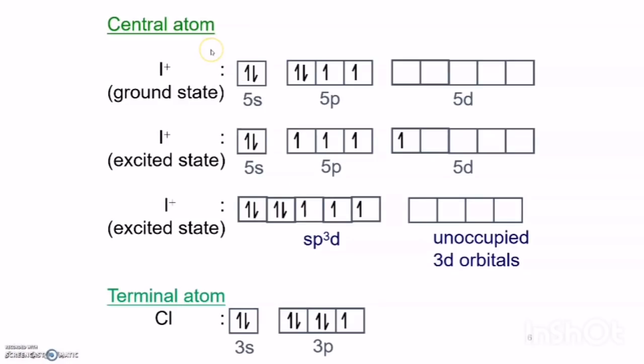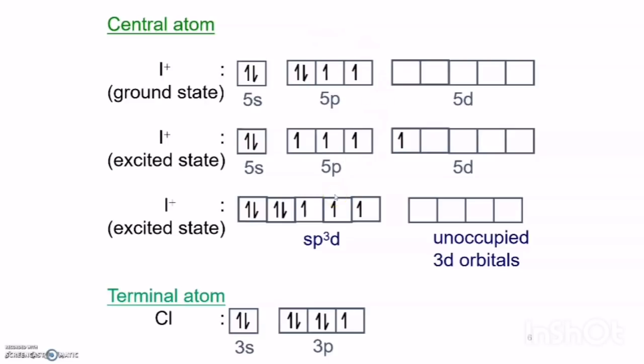And then to discuss the ground state, excited state, okay, and this one hybridized state. Alright. Okay, so first, iodine positive has 6 electrons. So that's why we just need 1, 2, 3, 4, 5, 6 electrons here. Alright, so first, as usual, for the valence electrons, we need to complete 5s followed by 5p. Okay, alright. And then we have excited from 5p, excite 1 electron.